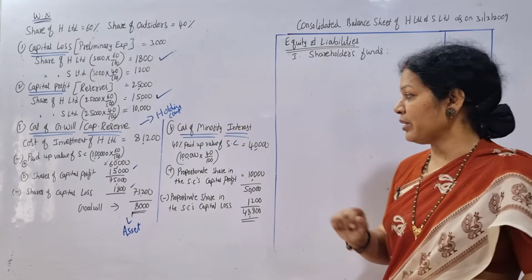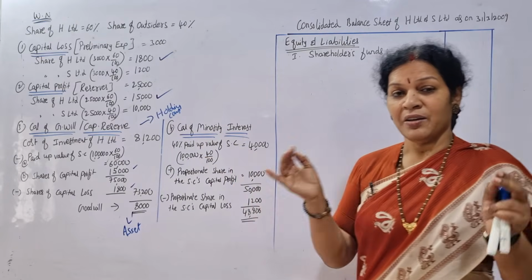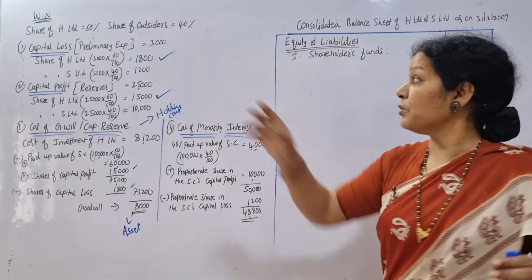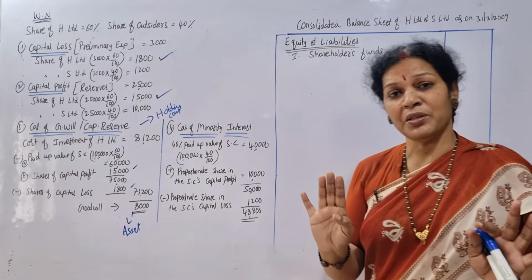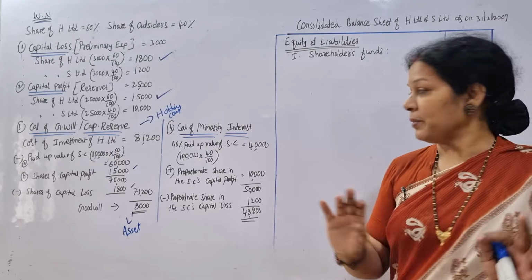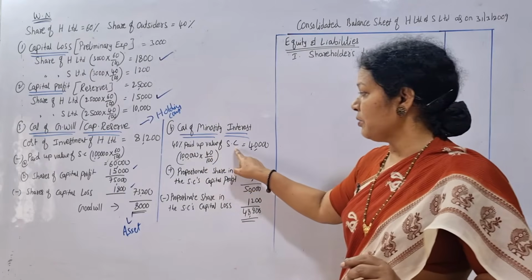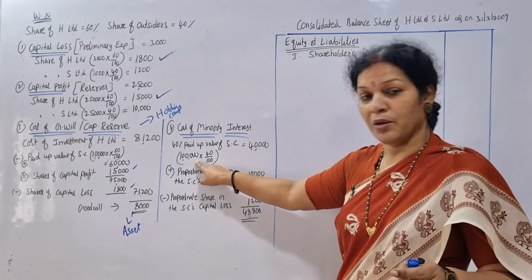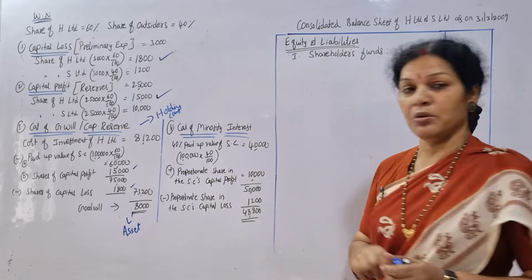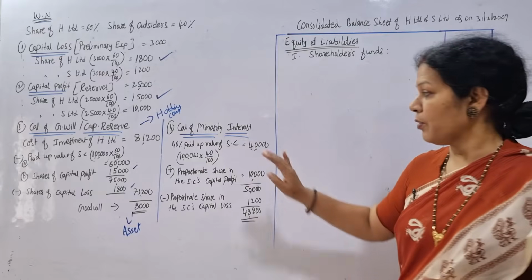For calculation of minority interest, first of all, we'll take the value of that 40%. 60% is invested by the holding company, so we'll take 40% value of the paid up share capital. Share capital value is how much? It's given in the problem, 1 lakh. 1 lakh into 40% comes to 40,000.